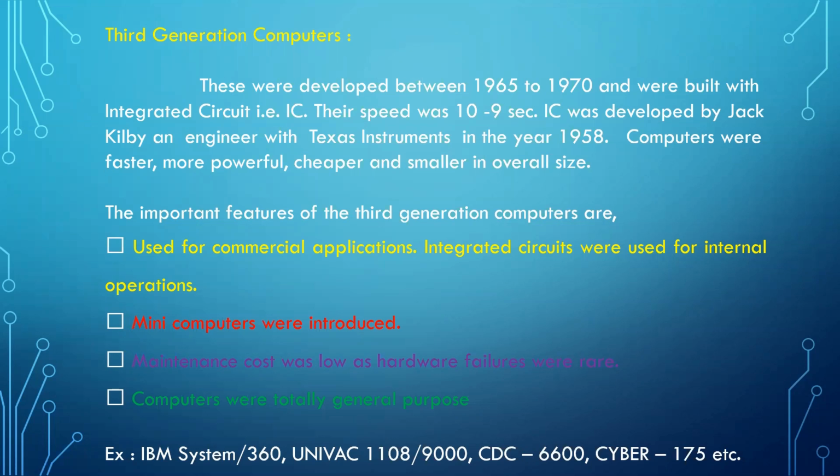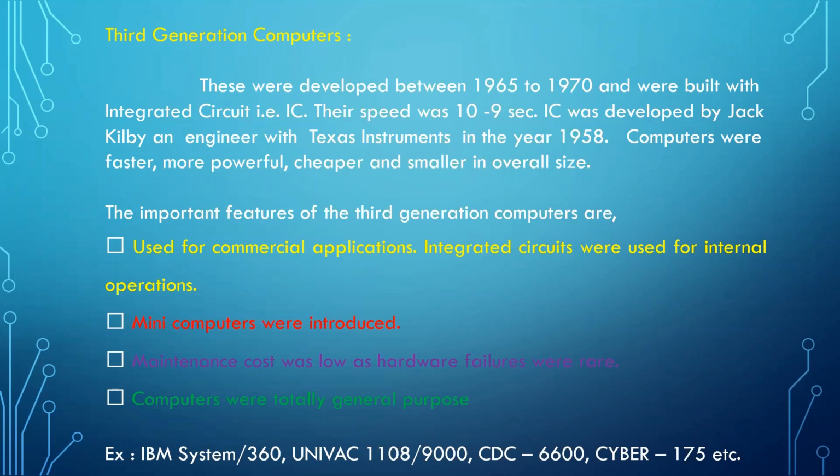That's why I told you that after the development of a new component called integrated circuit, we used that in the third generation. It means we have replaced the transistor by this IC.